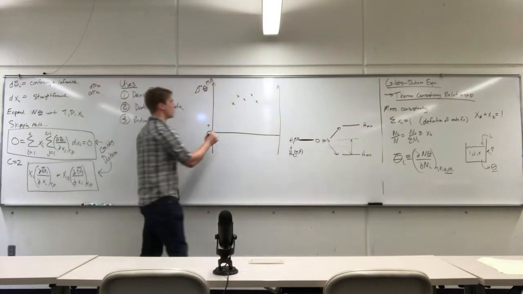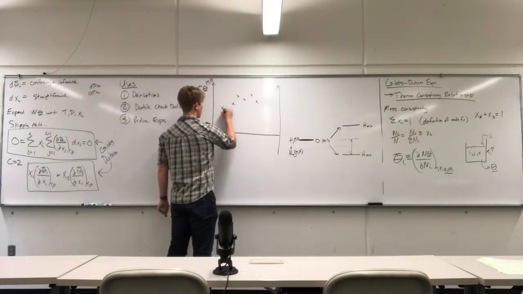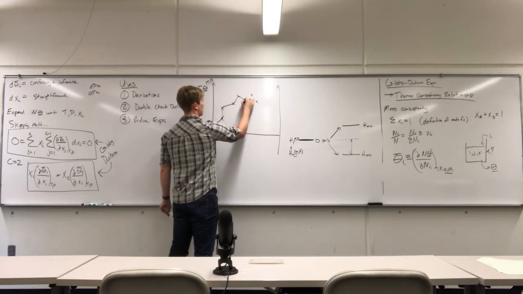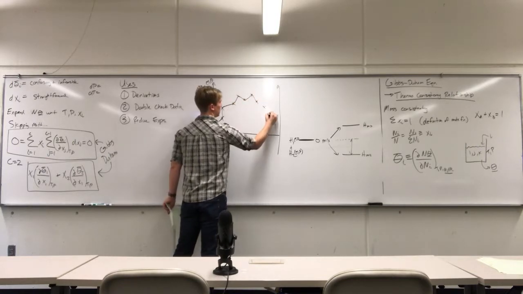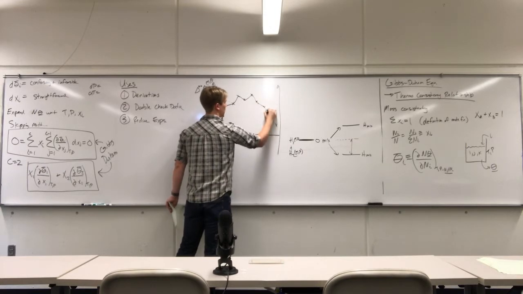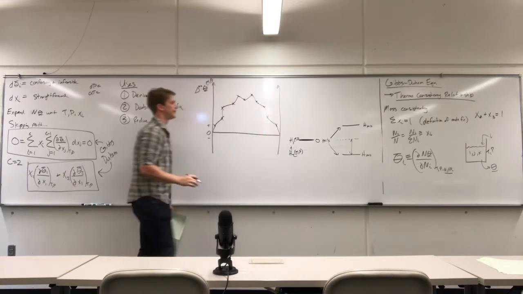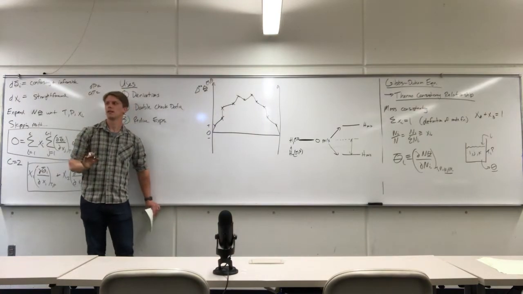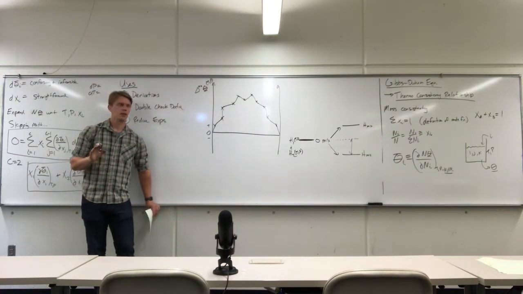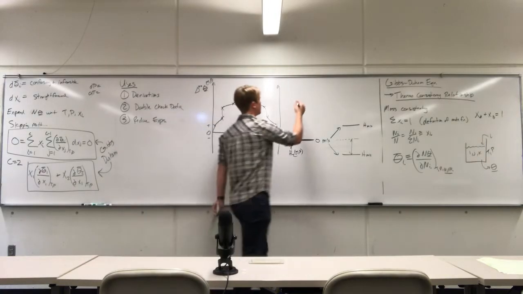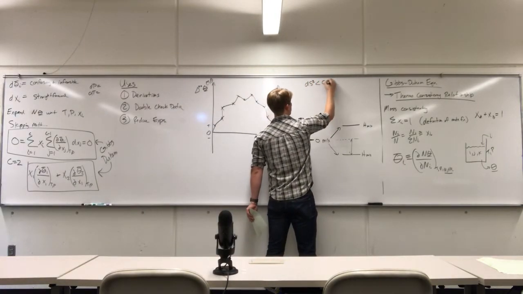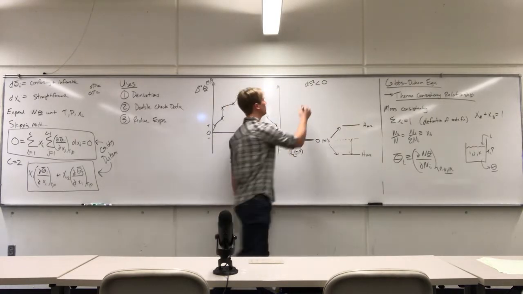Because if I were to then, let's say, just connect the dots, this is very, very, very bad. Because we know that due to the stability criteria of the universe, entropy always must be concave.